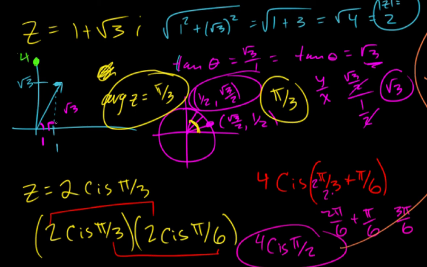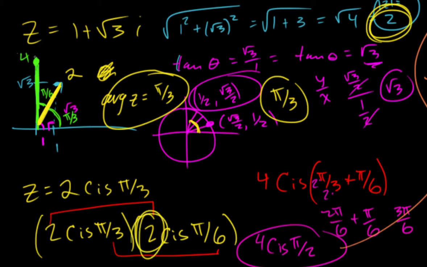We rotated, so we already knew that this was pi thirds. And the remaining piece right here is pi sixth. So we rotated pi 6 more to become completely vertical. And then, let's see, our length right here, remember, originally was 2. And so we multiplied by 2, and now our length is 4.